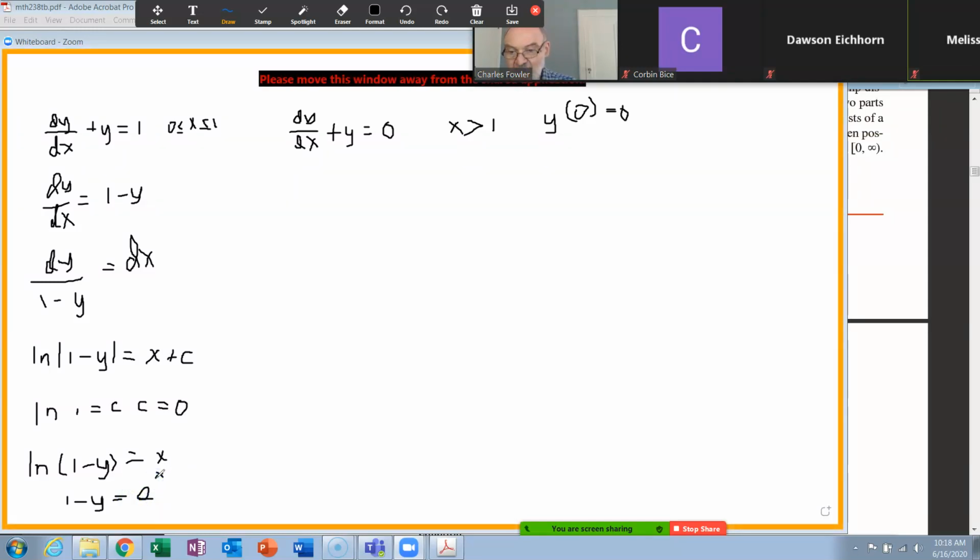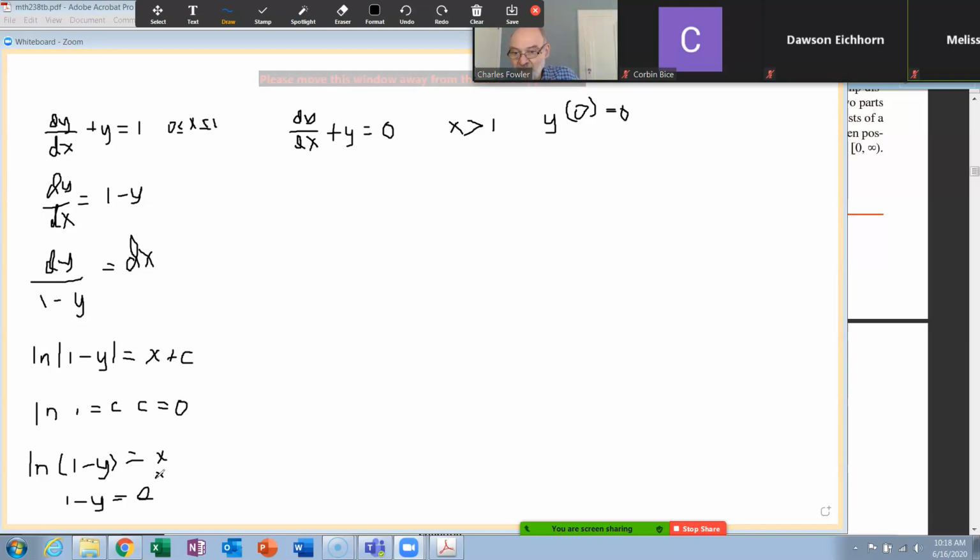Now, e to the x is always positive, okay? And if x is between 0 and 1, when x is equal to 0, that's 1. So y would be equal to 0, and that's okay.